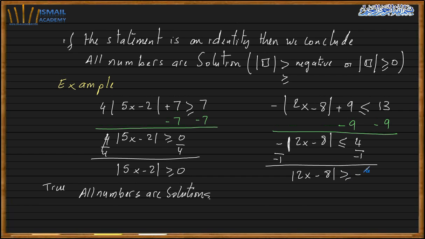So every positive number is greater than any negative number, which means that this statement is a true statement. Whatever x I pick, I'm not dealing with x, no need to open the absolute value. When you have a true statement, you don't do anything. Just conclude.